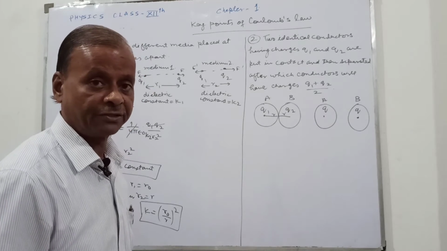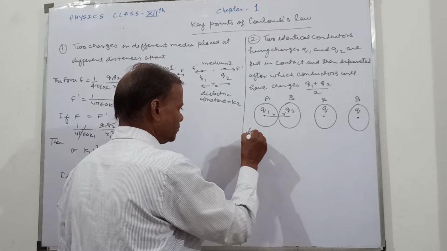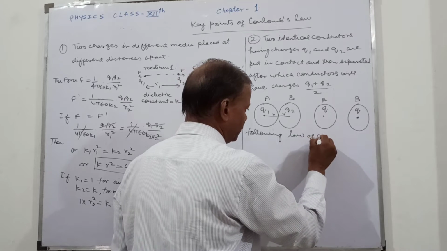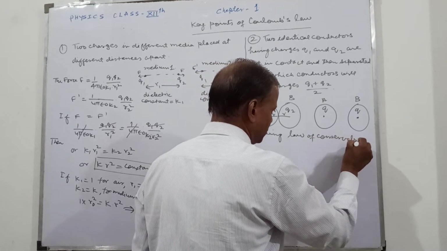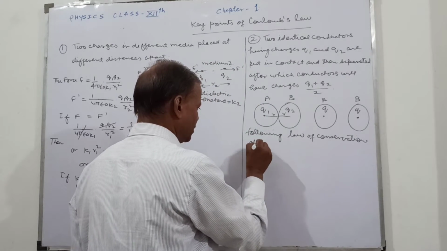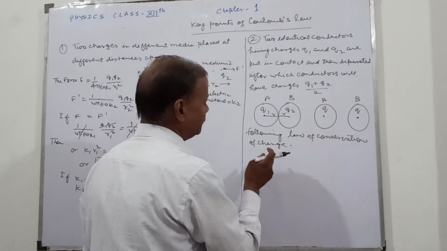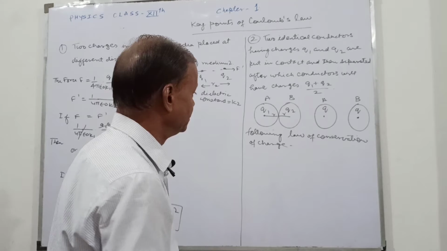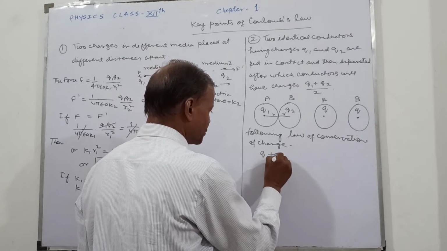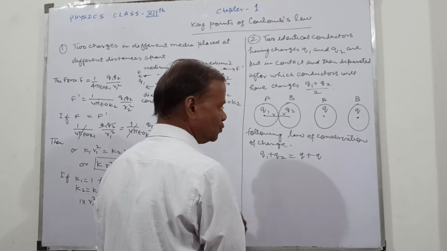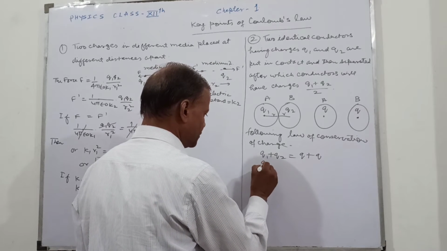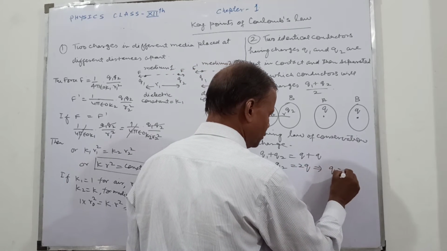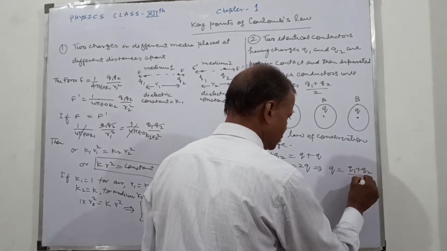So if we follow the law of conservation of charge, the charge before the contact and the charge after the contact, then we will have Q1 plus Q2 equal to Q plus Q. So Q1 plus Q2 equal to 2Q, or Q equal to Q1 plus Q2 upon 2.